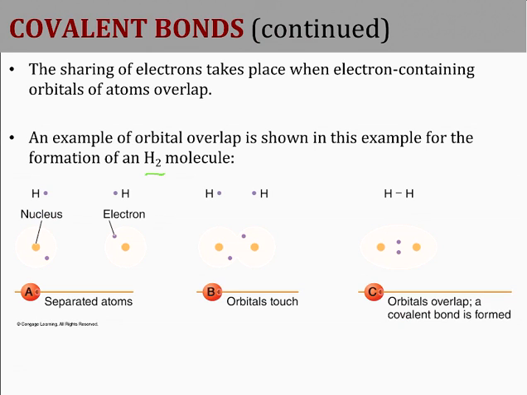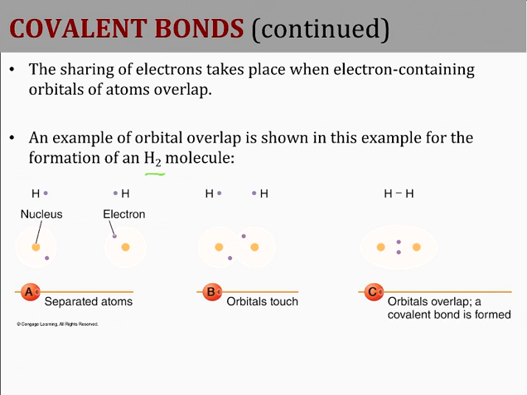So down below in figure A, we have two separate hydrogen atoms, and remember hydrogen is in group 1A, so each hydrogen atom has one electron. And then once the orbitals get close enough to start to overlap, those two valence electrons are going to come near each other, and then in figure C, those two electrons are shared between the two hydrogen atoms.